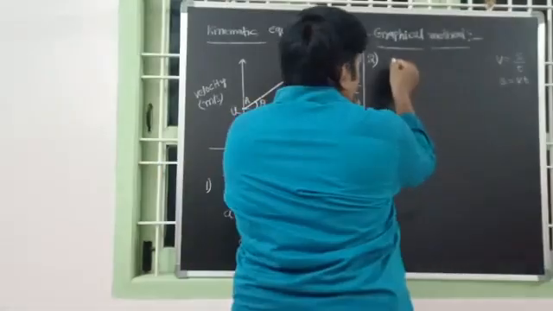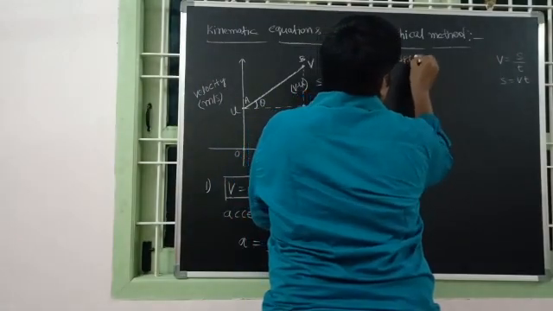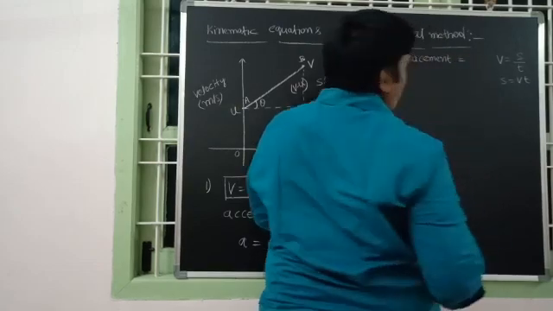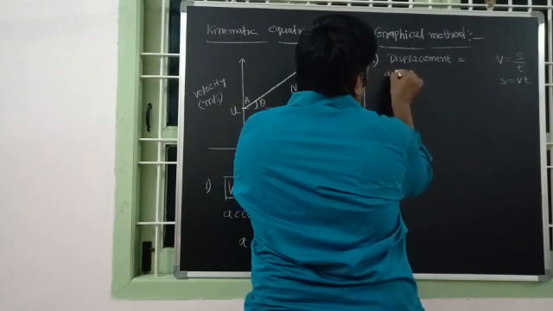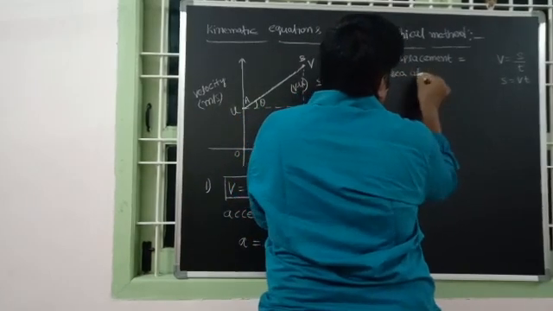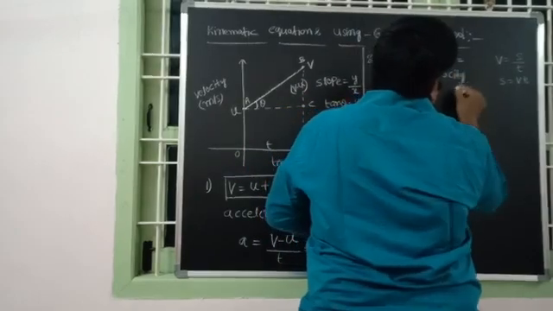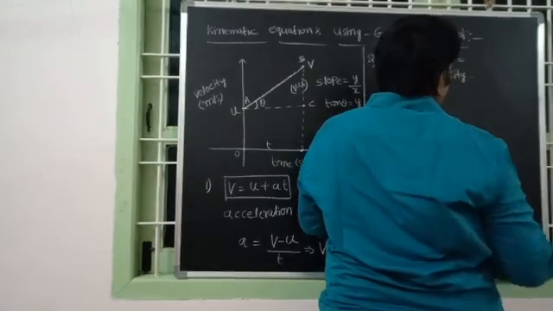That means here displacement is equal to the area of the velocity-time graph.